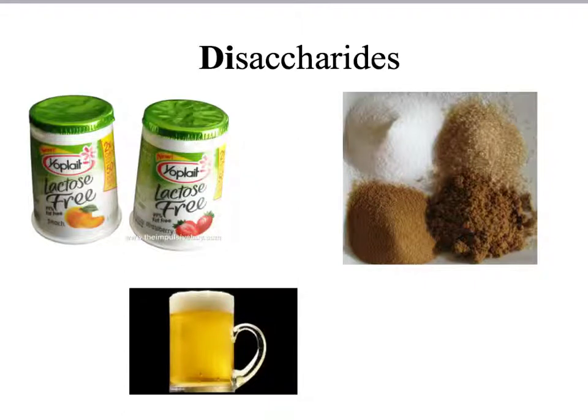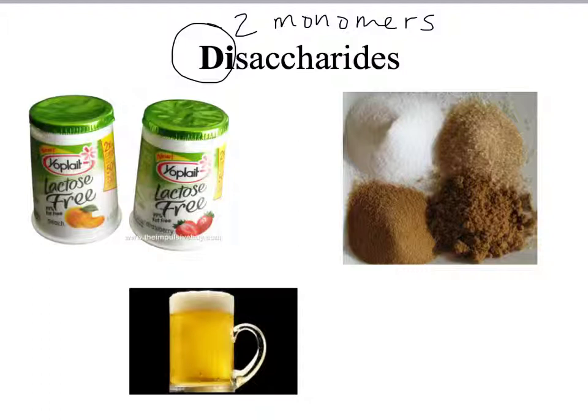Now, one more thing I want to throw in here before we talk about the function of carbohydrates is there are some important disaccharides as well that we need to discuss. And that word di should give you a clue as to what we're doing here. Di usually means two. So to make a disaccharide, you need to bond two monomers together. Now remember, our carbohydrate monomers were glucose, fructose, and galactose.